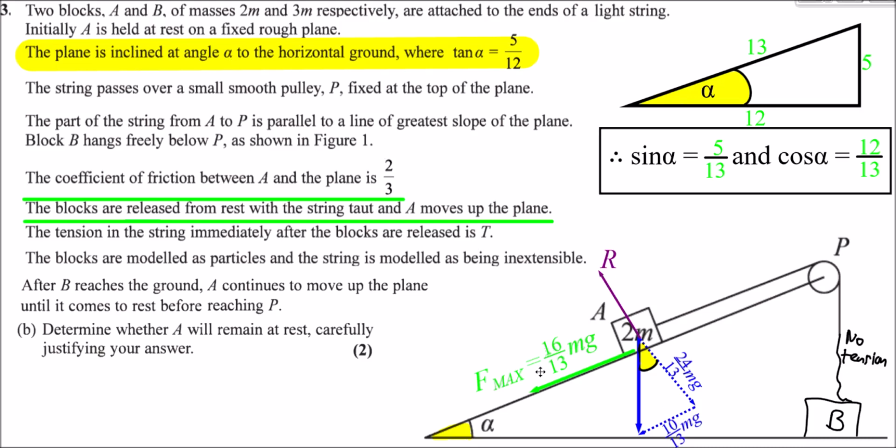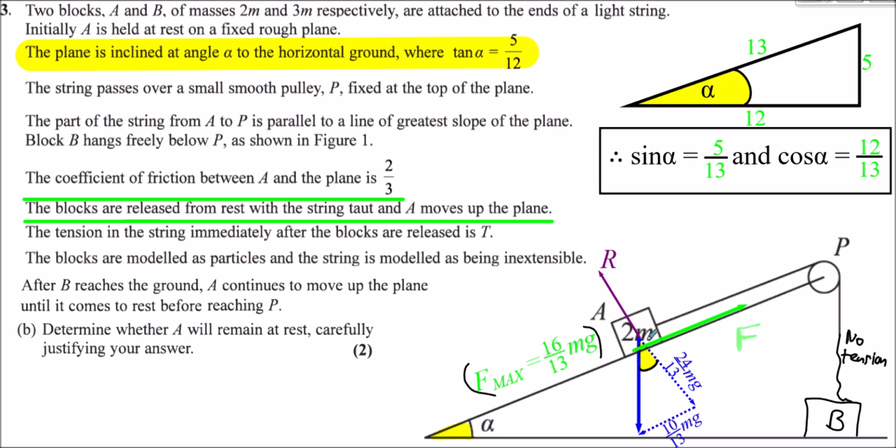So going back up the slope will be the friction, so just change its direction here, only this time it won't necessarily be F max, I'm just going to call it F. So over here, just remind ourselves that F max is 16/13 mg, then clearly 16/13 mg is bigger than 10/13 mg. So the resisting force for friction would have to be 10/13 mg to keep this in equilibrium, in other words, to make sure it doesn't go down the slope.